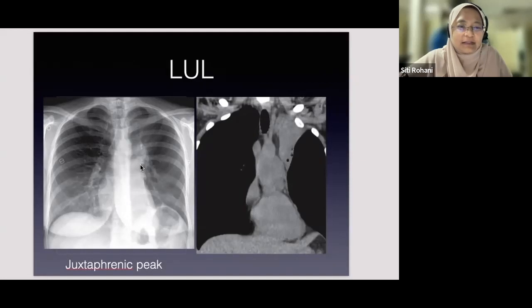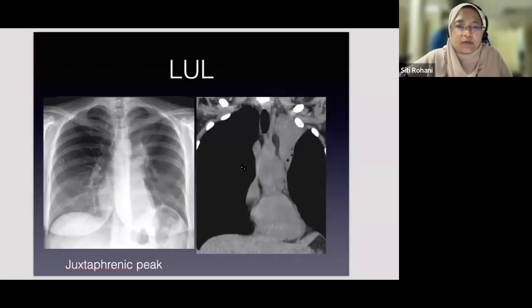Okay, so this is caused by left upper lobe collapse. On the CT, you can see the collapse. The left upper lobe is collapsed, and what we see in the chest X-ray here, whatever is aerated, is because of the left lower lobe aeration.